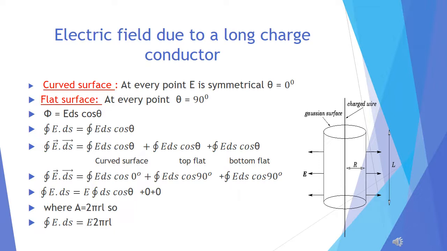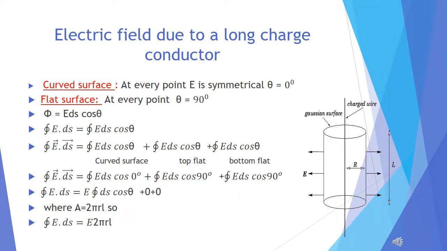So we don't have to do much calculation for the upper and lower surfaces. We take the whole surface as a Gaussian surface, but when it comes to calculation, we will do our calculation in two parts: one for the curved surface because it has symmetry, and one for the flat surface because it again has symmetry. This is what I told before.